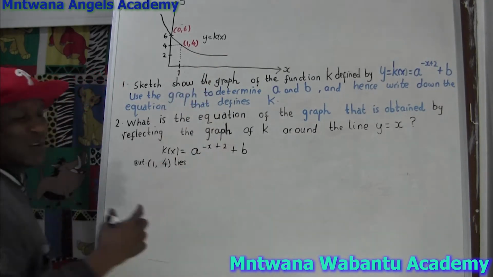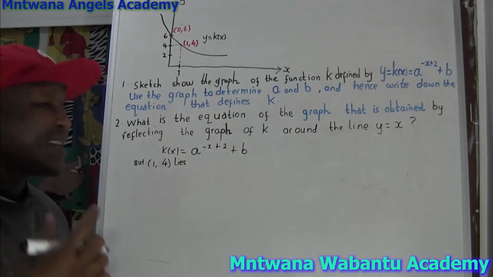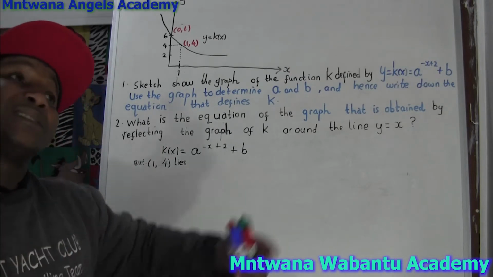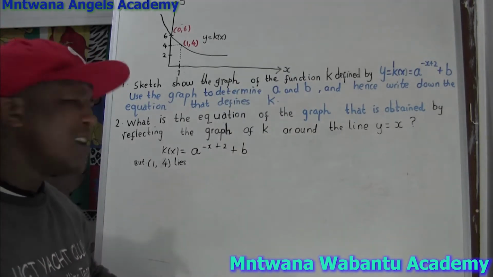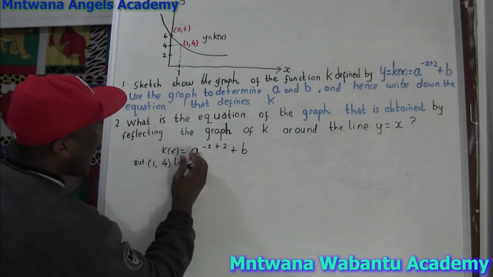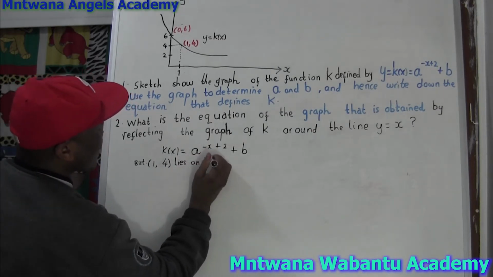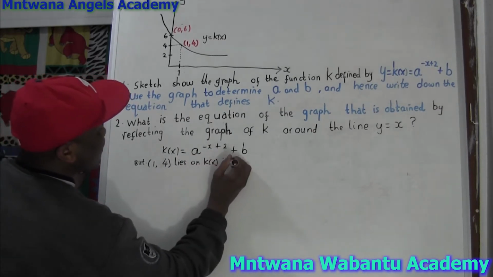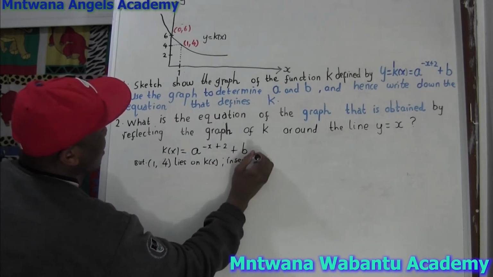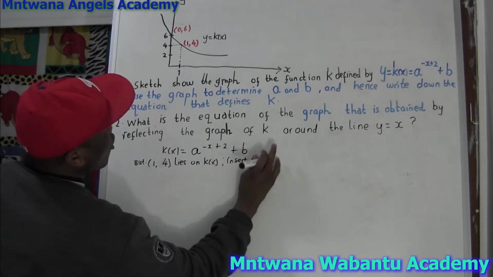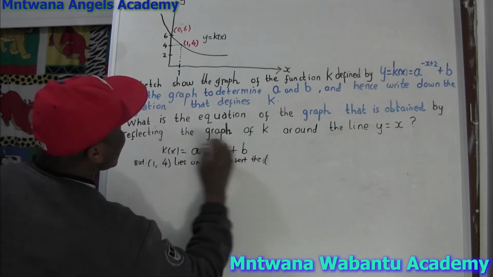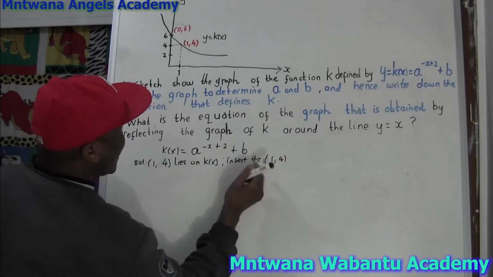You see, any coordinate that lies on the graph, you can take that coordinate and substitute it in the equation. So now we can take this point, which lies on k of x, and insert the coordinate, or we can just insert 1 and 4 into that one.